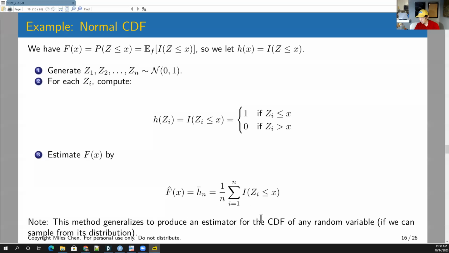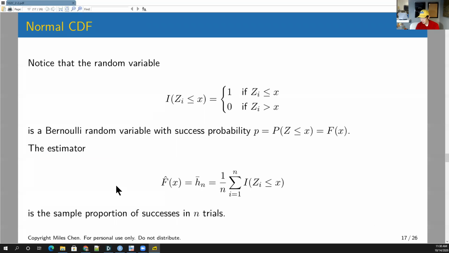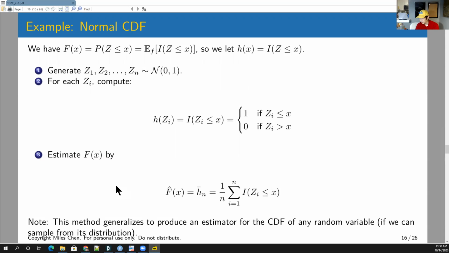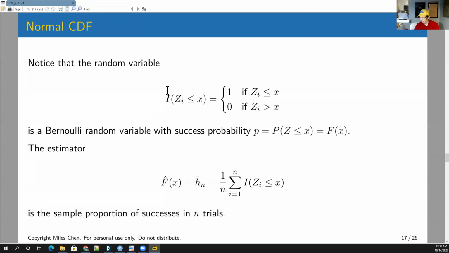If you think about it, this works as the cumulative distribution function for any random variable, as long as you're able to sample from the distribution.